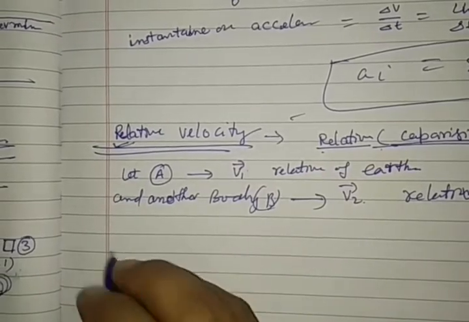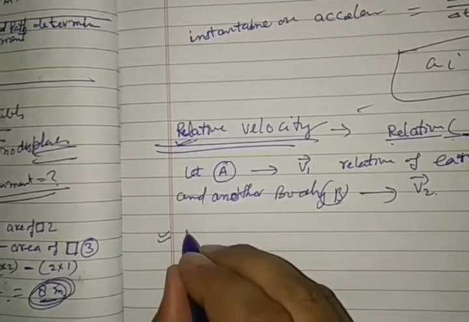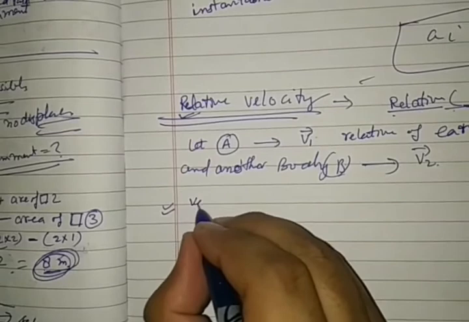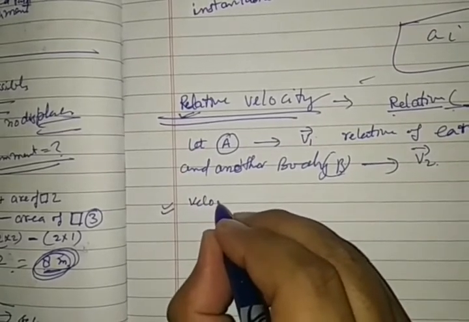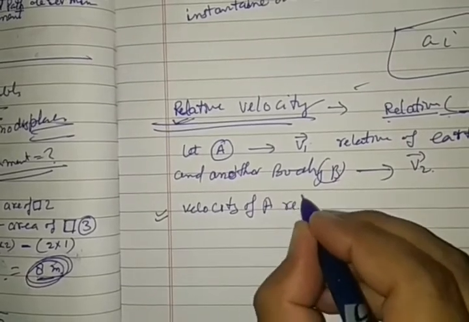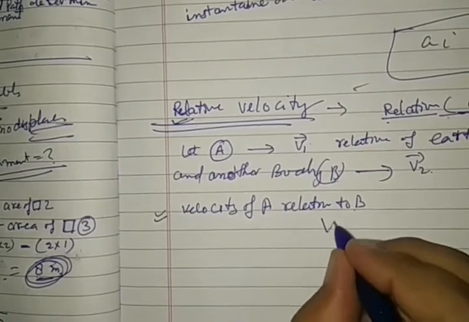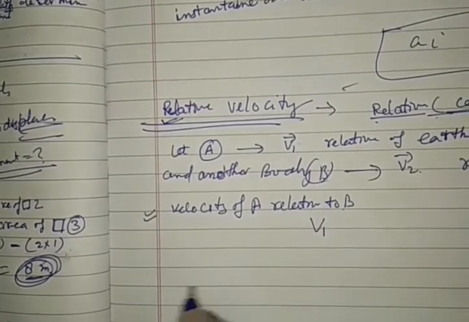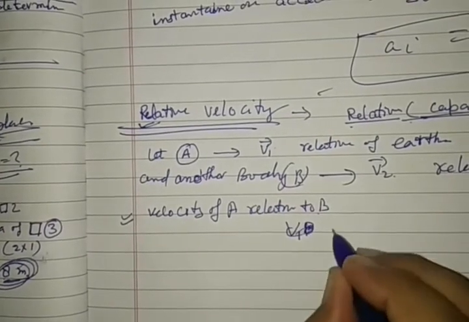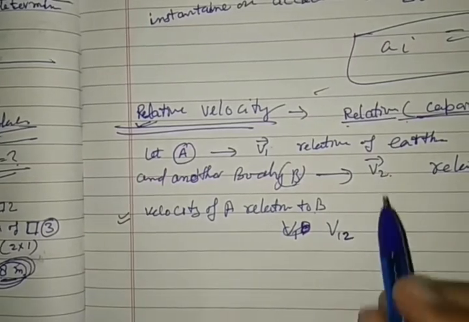Here in this case, we want to see the velocity of A relative to B. Velocity of A is v1, relative to B means v2.